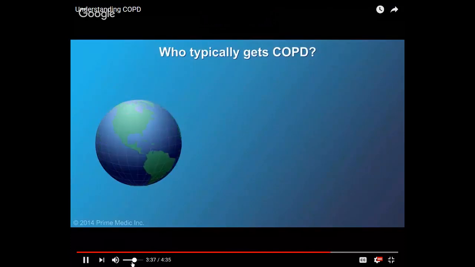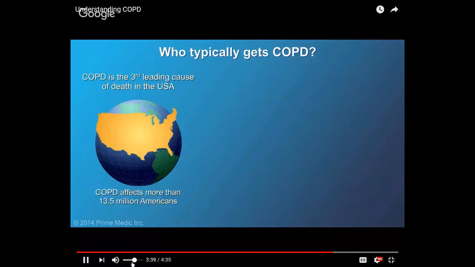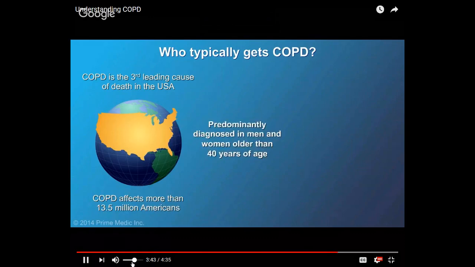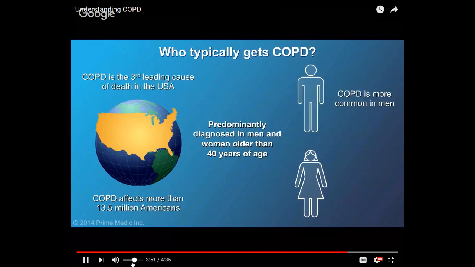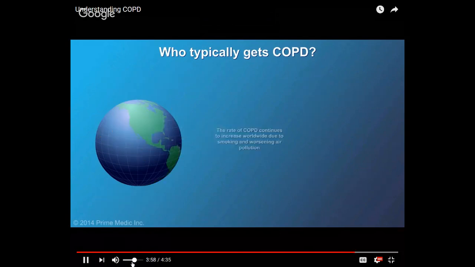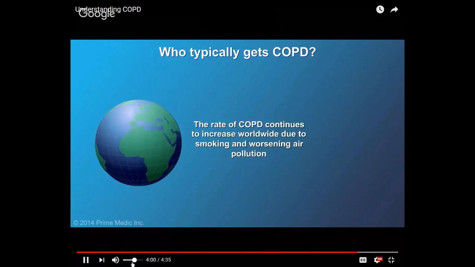COPD is the third leading cause of death in the United States and affects more than 13.5 million Americans. It is predominantly diagnosed in middle-aged individuals older than 40 years and is present in both women and men. Although COPD is more common in men, more women die from this disease each year than men. The rate of COPD continues to increase worldwide due to smoking and worsening air pollution.